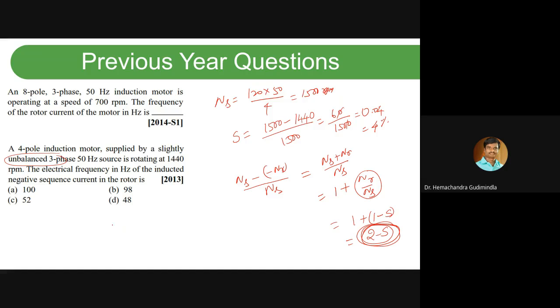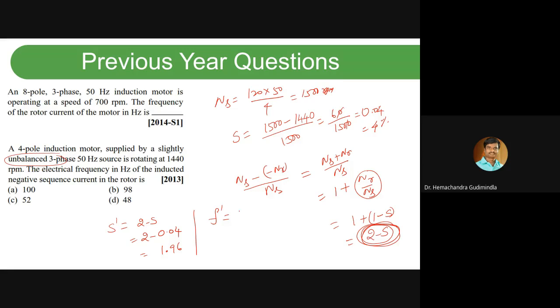Now the slip s dash is equal to 2 minus s, that is 2 minus 0.04. So how much will we get? 1.96. Now I know the slip and I know the frequency.